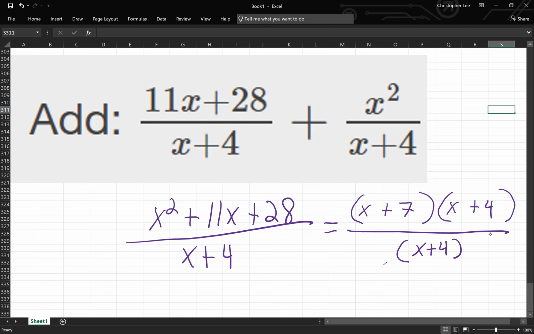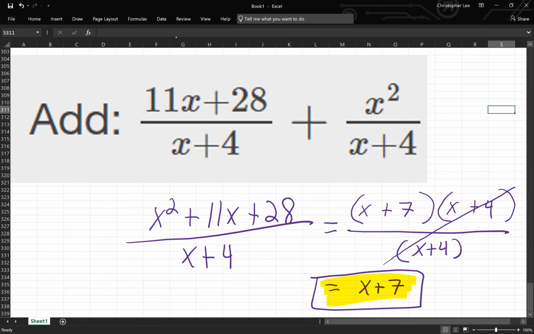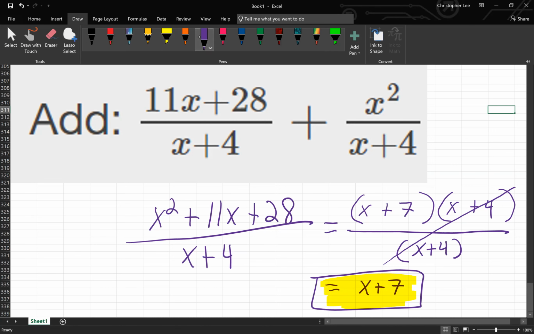When we cross out the like terms, what am I left with? The final answer is just x plus 7. So you added the numerators, and after I factored it, I had a common factor.